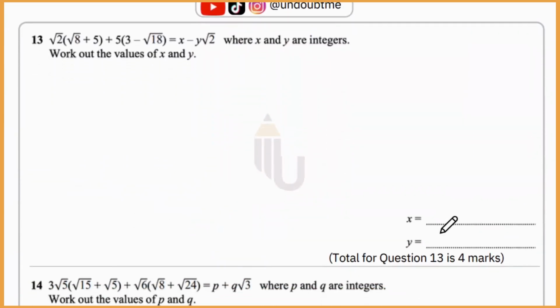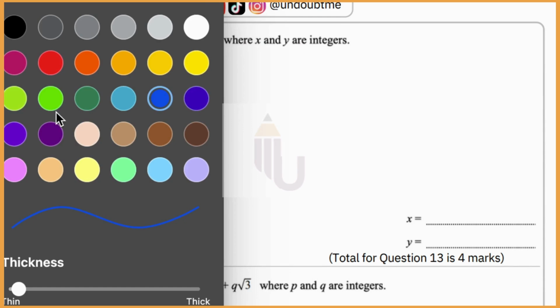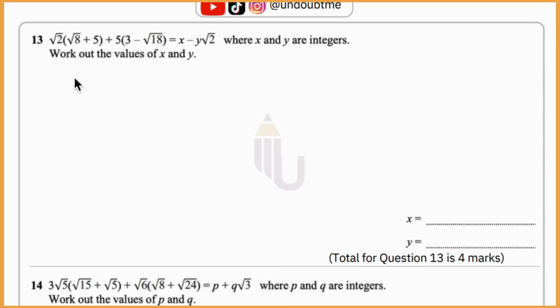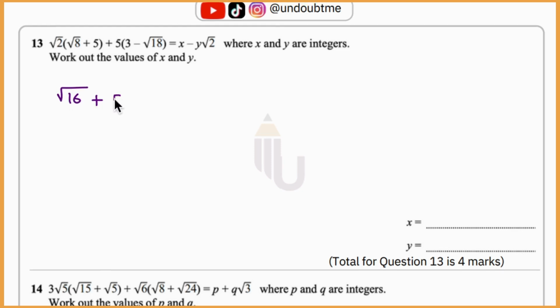Here also we have to do the same thing, but there is a minus sign involved, so we need to be a bit cautious. Root 2 times root 8 is root 16, plus 5 root 2, plus 15, minus 5 root 18, is equal to, that we'll write in the end.